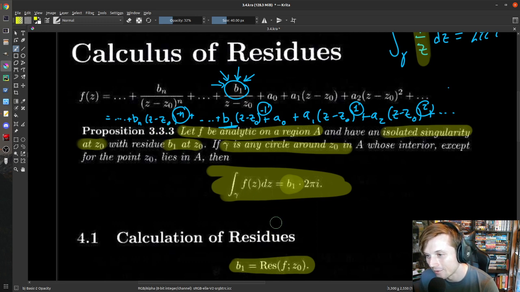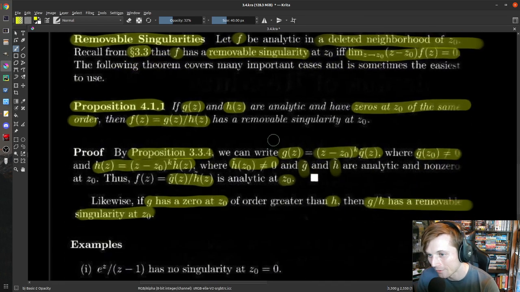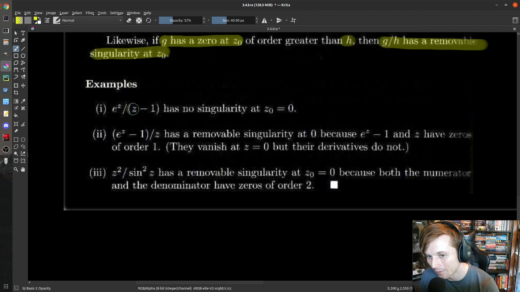I guarantee you I will find people doing things without even an isolated singularity, with the bottom not even equal to 0. They'll just see that it could be equal to 0 somewhere else, and they'll try to apply these results to get around doing an actual computation. So be sure you're not doing that.